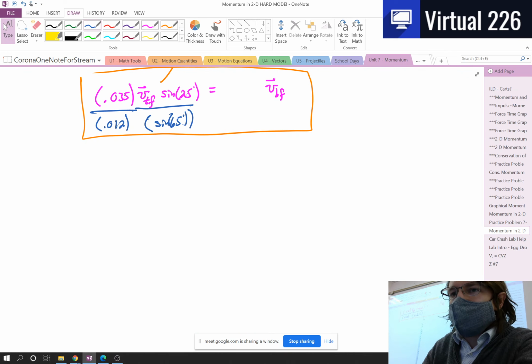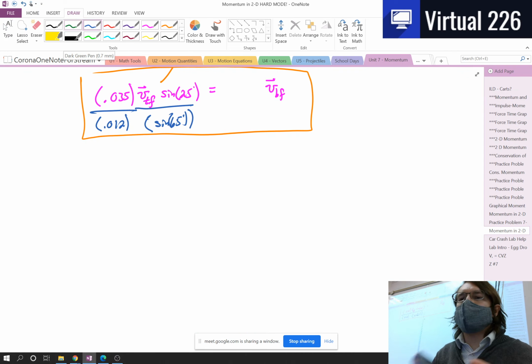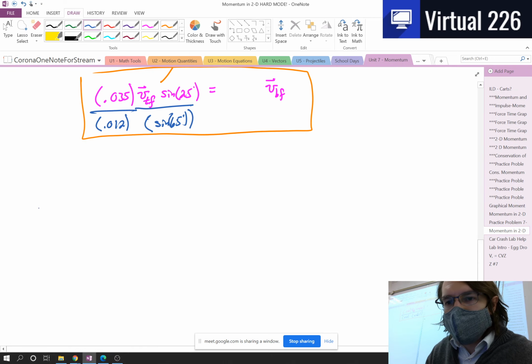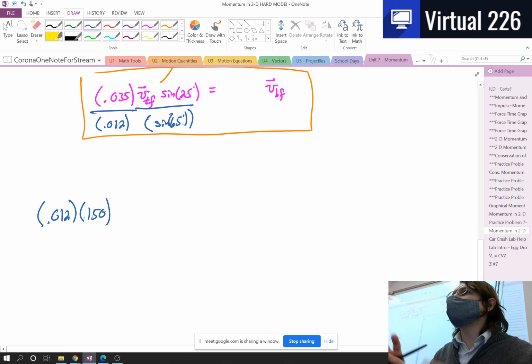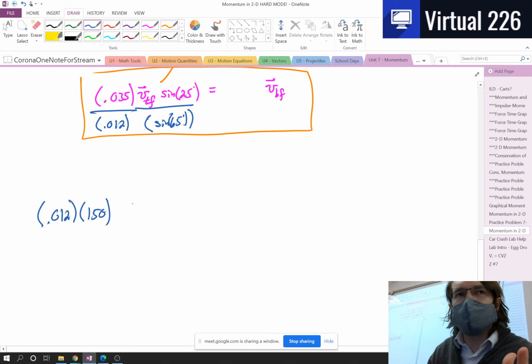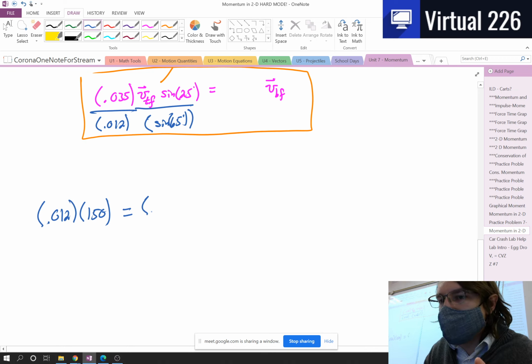In the x direction, we're going to have the 0.012 times the 150. There's then the plus 0, but since adding 0 does nothing, we'll just end the left side of the equation there. This will be equal to the mass of the bullet, 0.012.